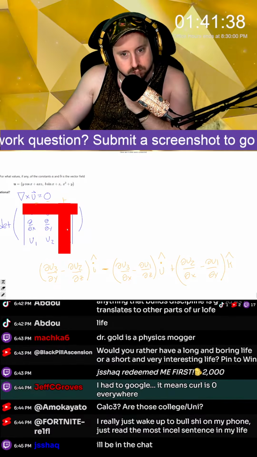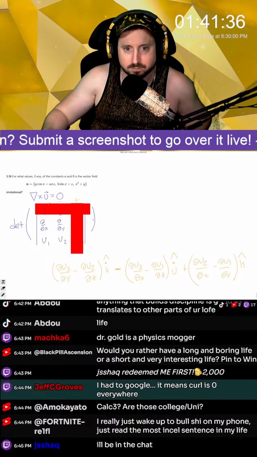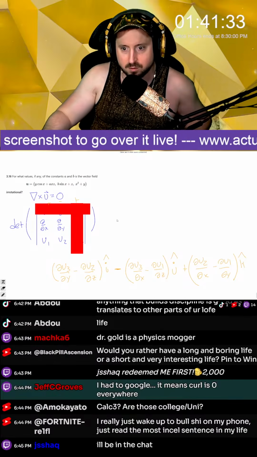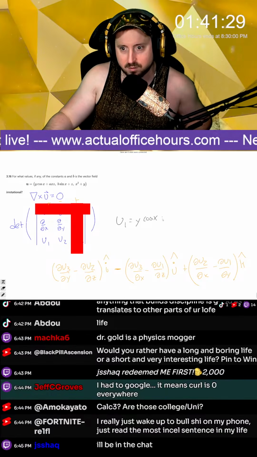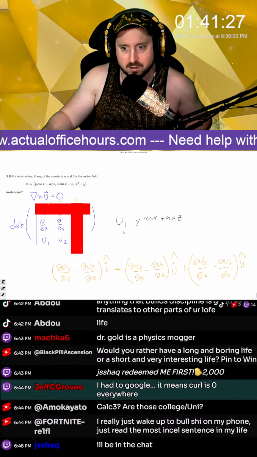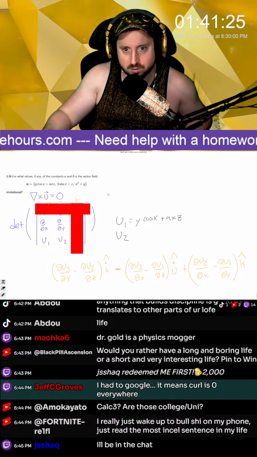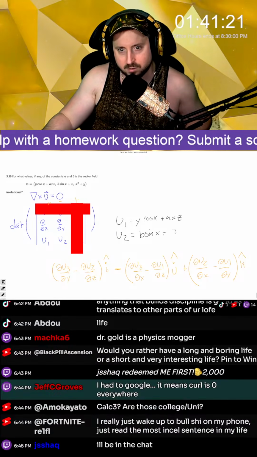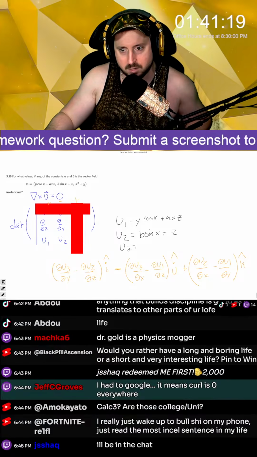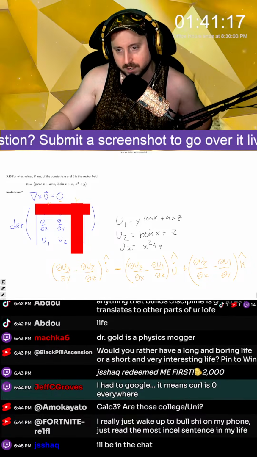What do we got? From this, u1 is equal to y cosine x plus axz. u2 is equal to b sine x plus z. And then u3 is equal to x squared plus y.